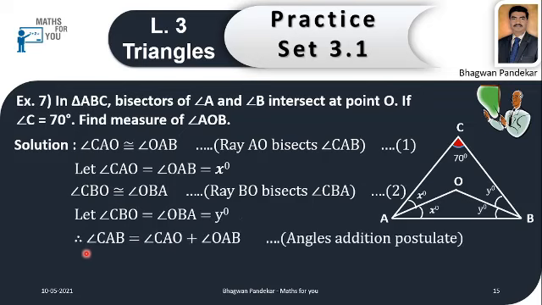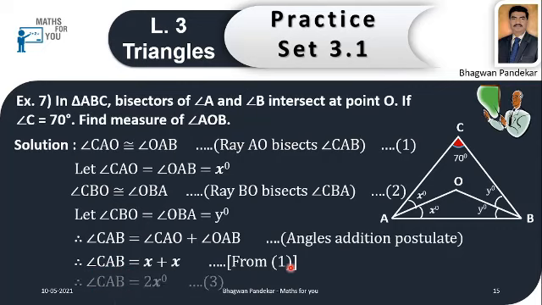Therefore, angle CAB is equal to angle CAO plus angle OAB. Reason is angle addition postulate. Therefore, angle CAB is equal to x plus x from equation 1. Therefore, angle CAB is equal to 2x degree.